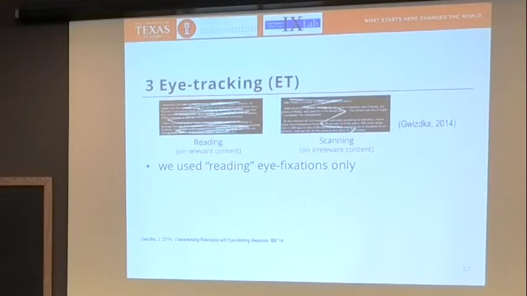The cognitive processes behind reading and scanning are different, so we want to distinguish them, and we hypothesize that people learn new words when they find something that is of interest, in focus for them. So we only consider the reading fixations from this data set. We don't use scanning fixations.